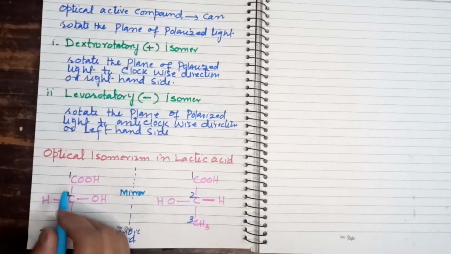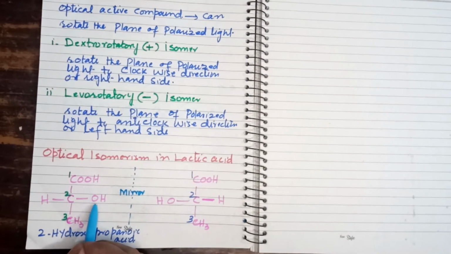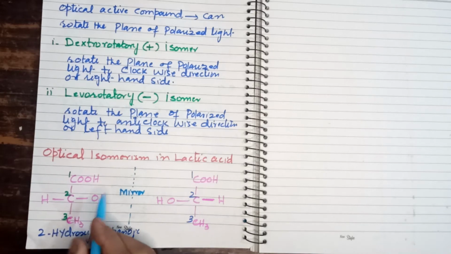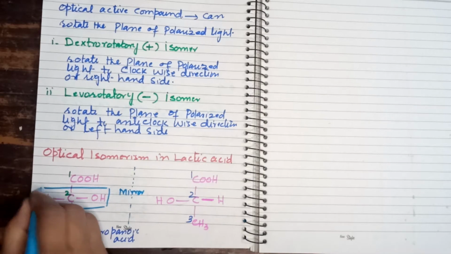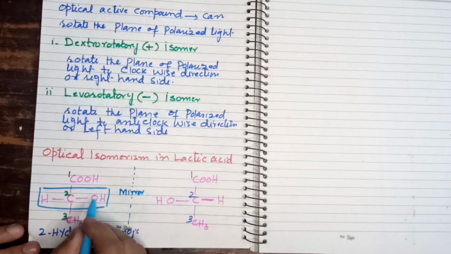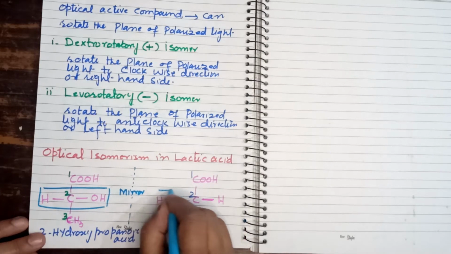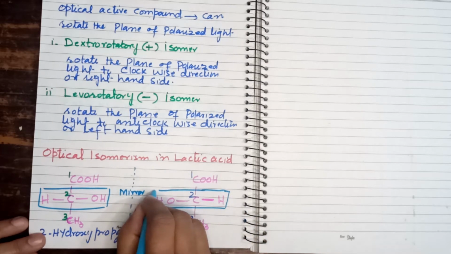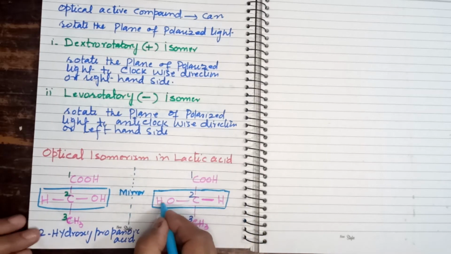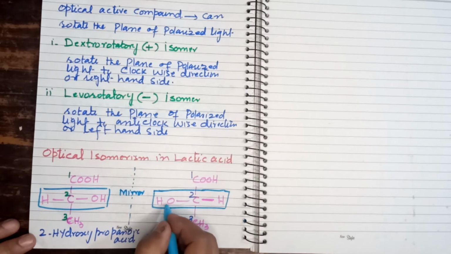This form of lactic acid, where at the second carbon hydroxyl group is present on the right hand side. You can notice, students, what is the position of hydroxyl group? It is present on right hand side, right? While in this form, at second carbon, hydroxyl group is present on left hand side, right?